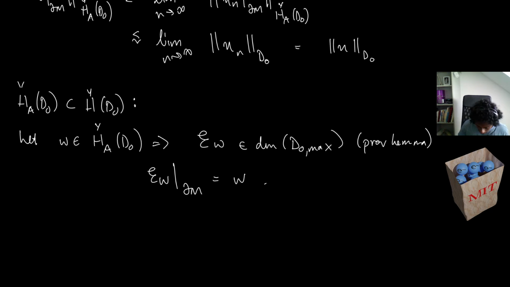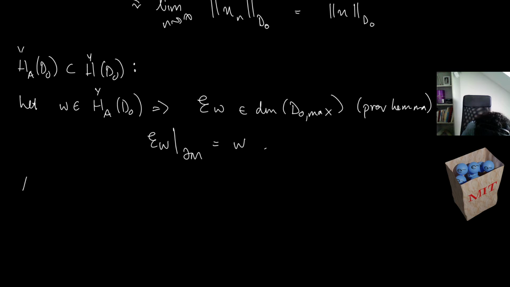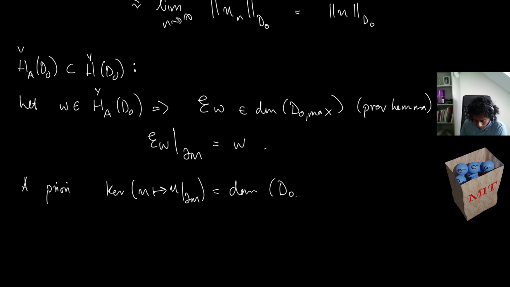We know a priori that the kernel of U maps to U restricted is equal to dom D naught min. So what have we got?